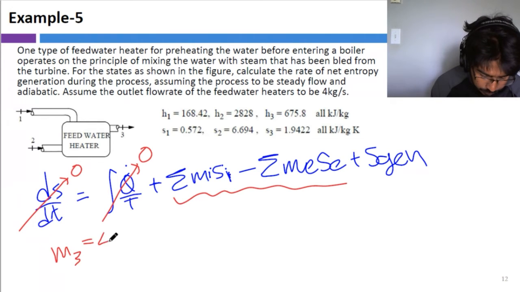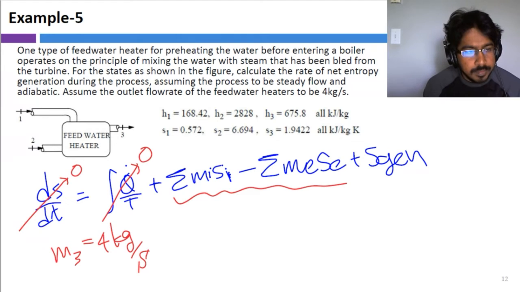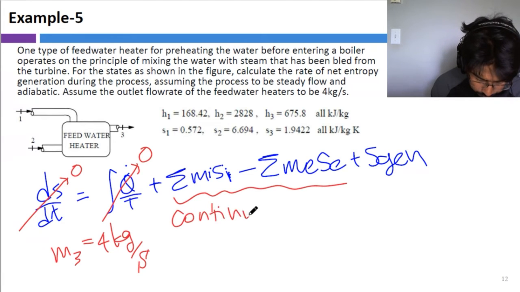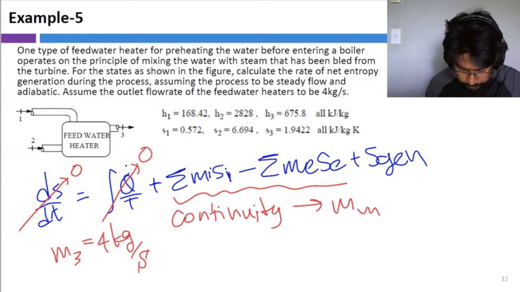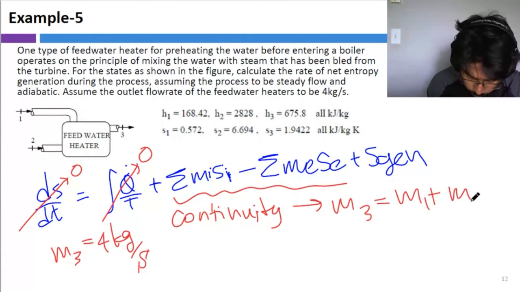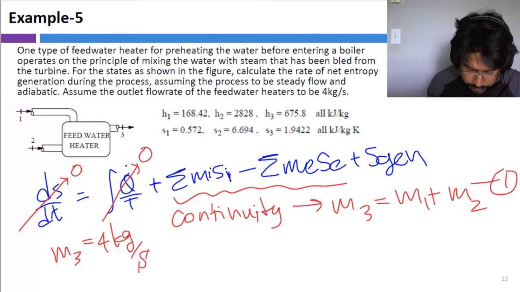M3 is given as 4 kilograms per second, but M1 and M2 are not given, right? From the continuity equation, we can say that M3 equals M1 plus M2. That is going to be one equation.